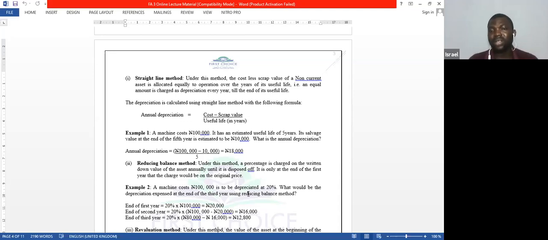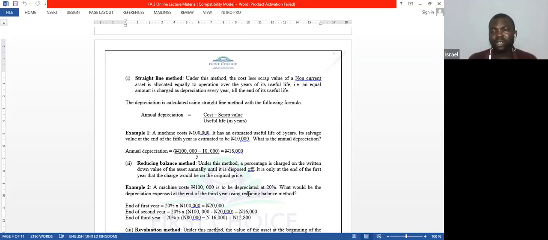The cost minus accumulated depreciation will give us our carrying amount. It means this is the value of the asset that we have recognized in our book, that if we dispose of it at a particular point in time, this is the amount that we can derive from it. That's why we call it carrying amount, the amount that we carry our asset at in our book.